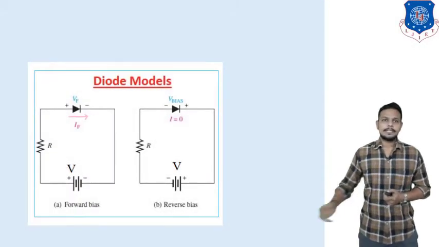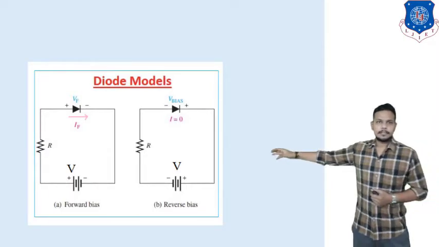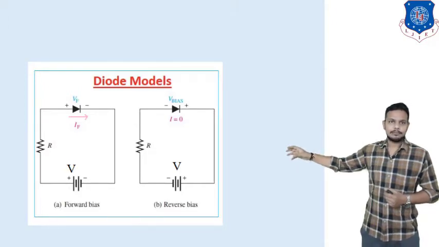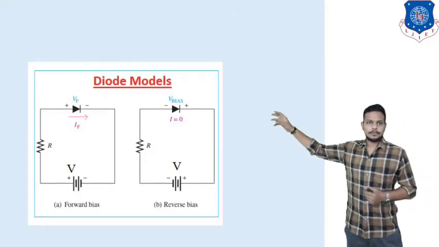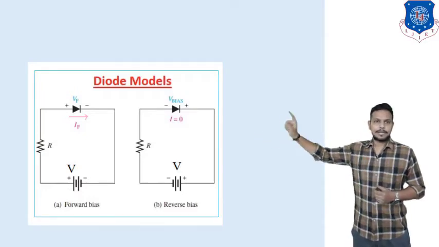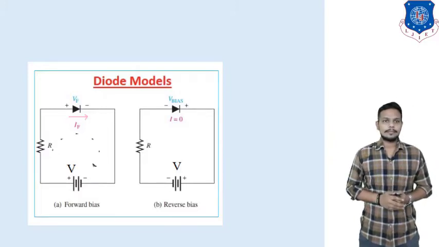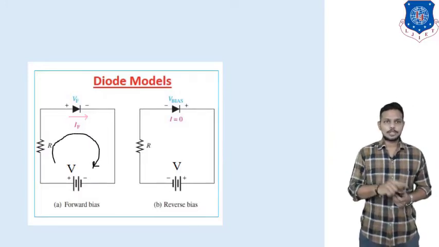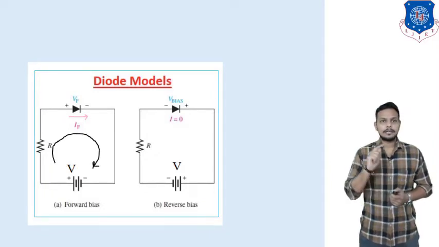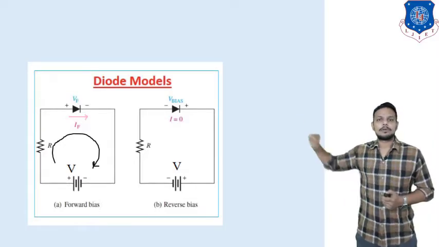Next one is the circuit diagram of forward bias and reverse bias. Here we can see both forward bias and reverse bias circuit diagram, in which in diagram A, diode is in forward bias. So always current flows like this manner, plus to minus, which is known as conventional current, and it is in the direction of diode.